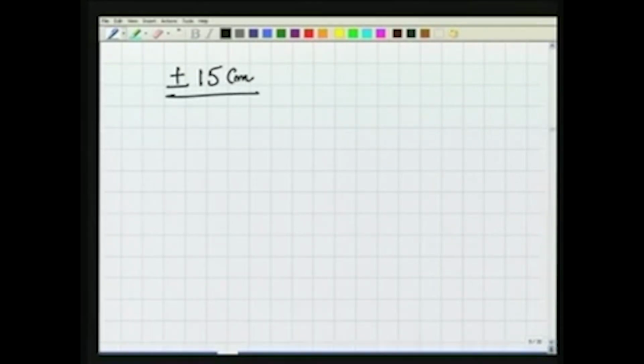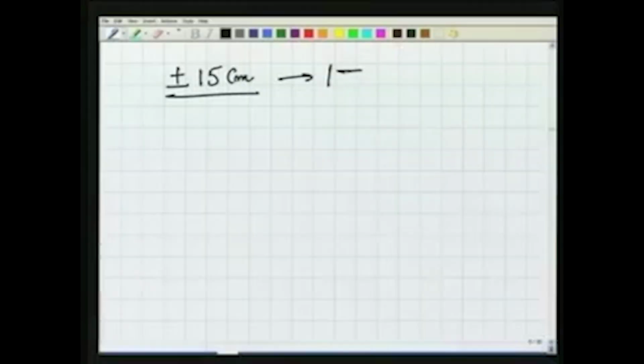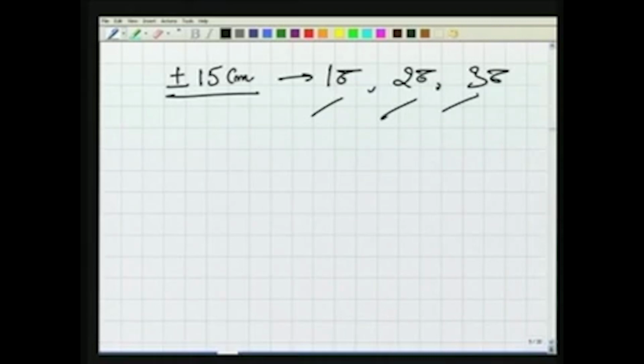You have some instrument which can measure the length, and the instrument says the accuracy of measurement is plus minus 15 centimeter. You should ask at that time, what is this 15 centimeter? Is this 1 sigma, 2 sigma, 3 sigma, or at what sigma?